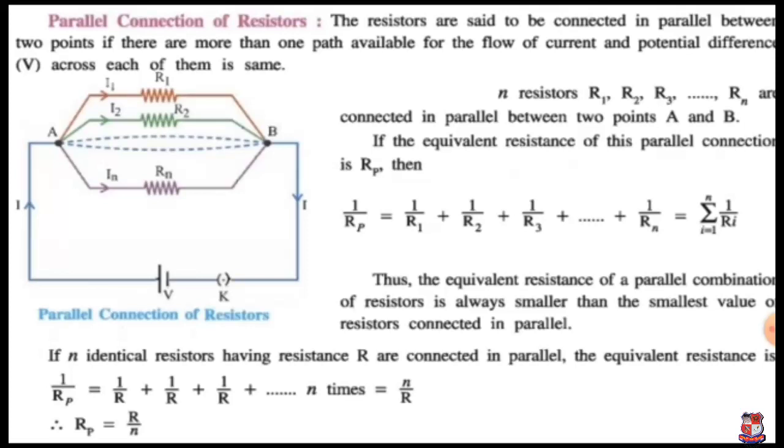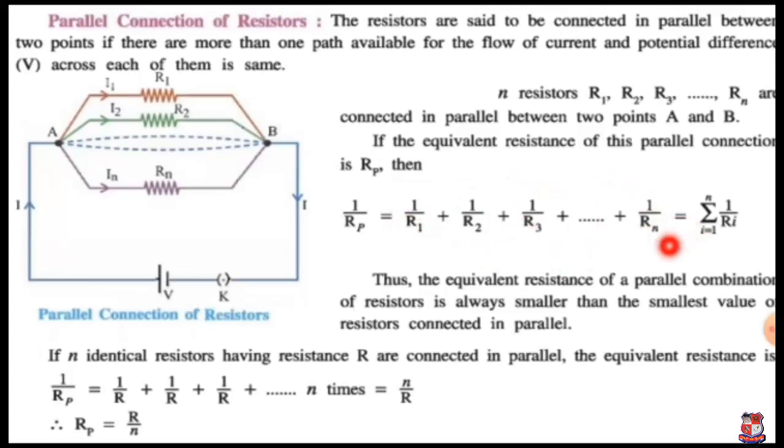The major change in the equation is that the series combination was a linear addition. This is again a linear addition, but of the inverse of individual resistances. So the equivalent resistance: 1 upon Rp is equal to 1 upon R1 plus 1 upon R2 plus so on up to 1 upon Rn, as you can see from this equation.